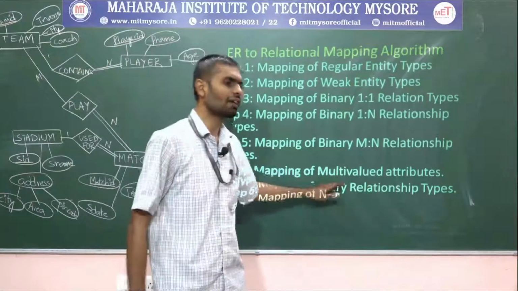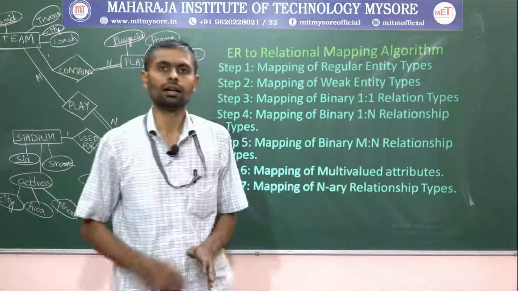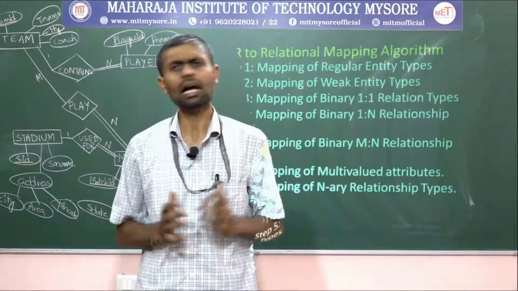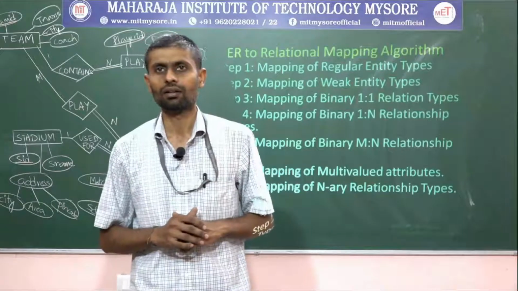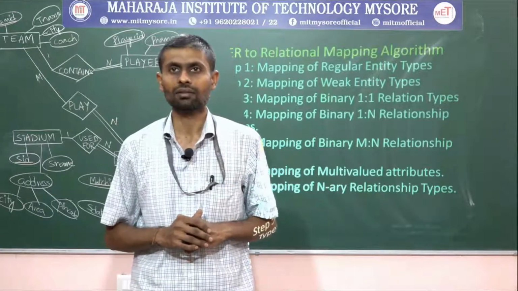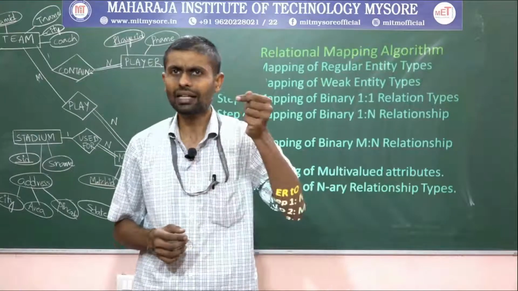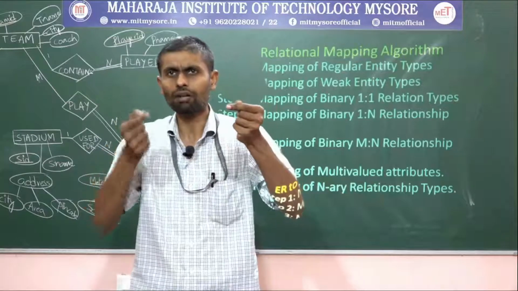But this multi-valued attribute takes more than one value for an entity, right? So then how to represent it? It requires one more relation to be created, as we have seen, because for an entity I want to write multiple values.